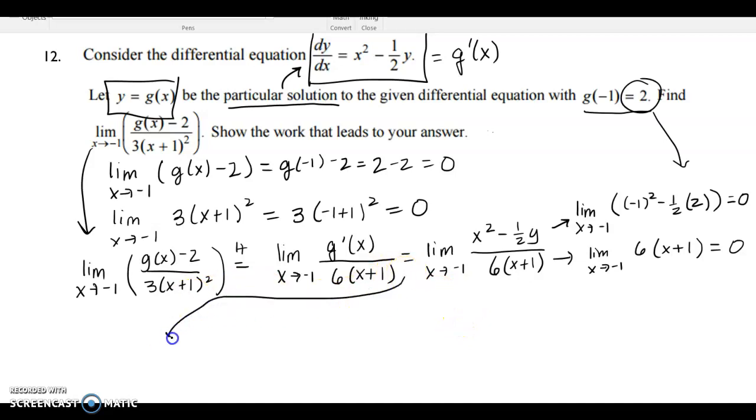So this limit here is going to be equal to, I'm going to use L'Hopital's rule, limit as x approaches negative 1. The derivative of x squared is 2x. The derivative of minus 1/2 y is minus 1/2 dy dx. And the derivative of the denominator is just 6. Let's plug that dy dx back in now.